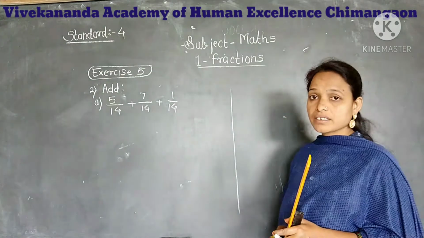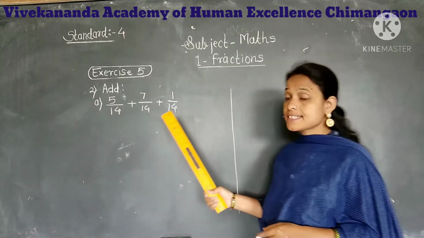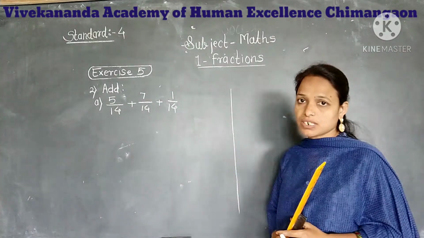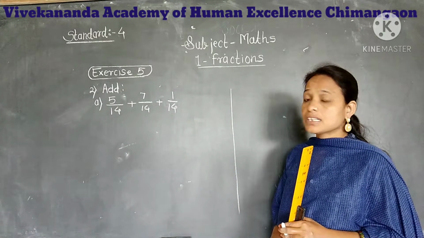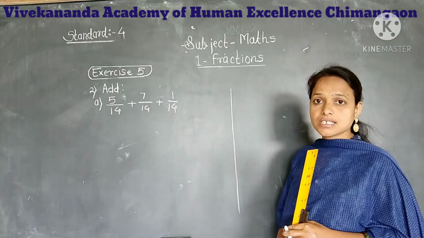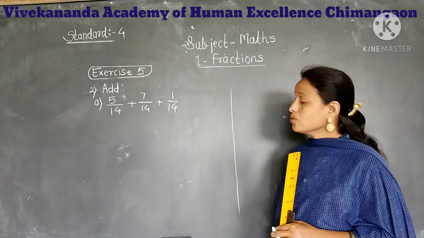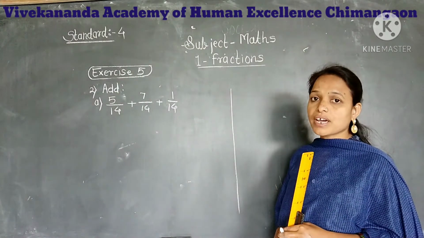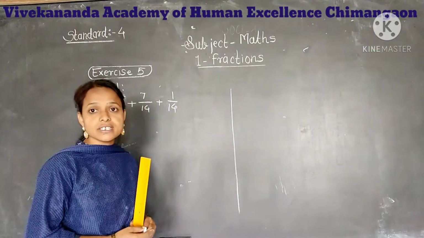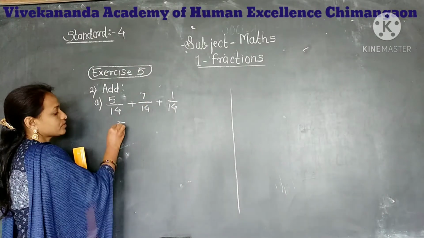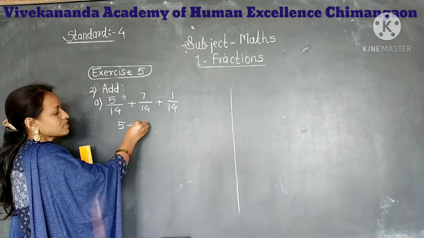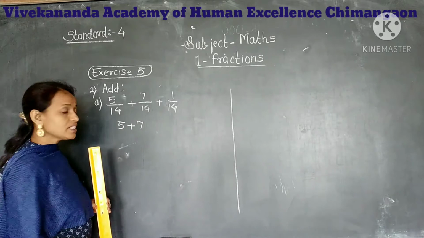Next, question number 2, add. So here the example is given 5 upon 14 plus 7 upon 14 plus 1 upon 14. So students, here these three fractions having denominator 14 means these are like fractions. So in like fractions we have to add only the numerators. Here 5 upon 14, its numerator is 5, plus 7 upon 14, its numerator is 7, and 1 upon 14, its numerator is 1.